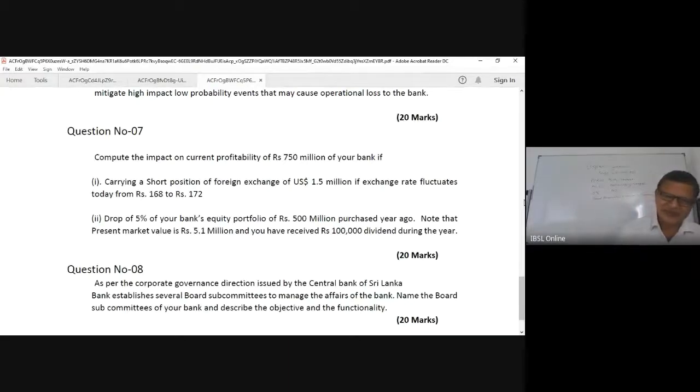Then we come to assets and liabilities. It is the function of treasury, your finance department, and risk management, all three combined, because all of them have a stake in this particular subcommittee.